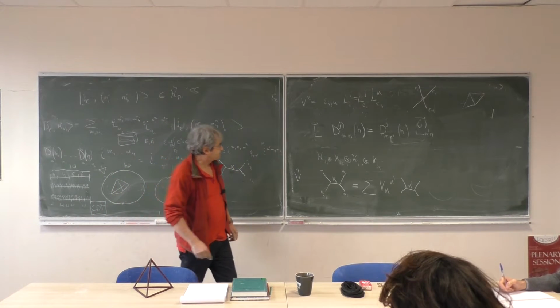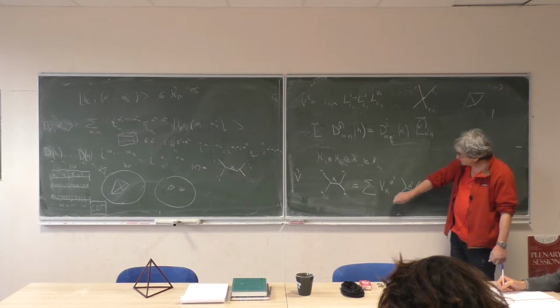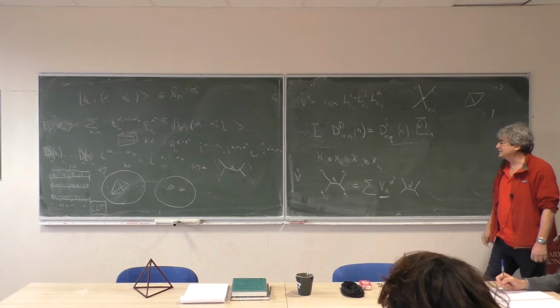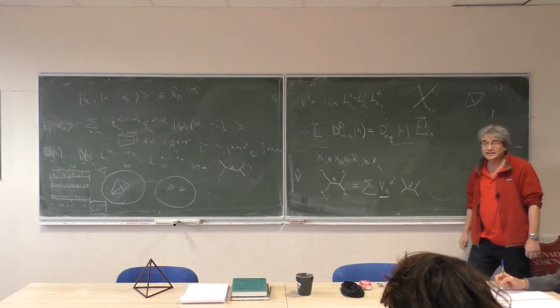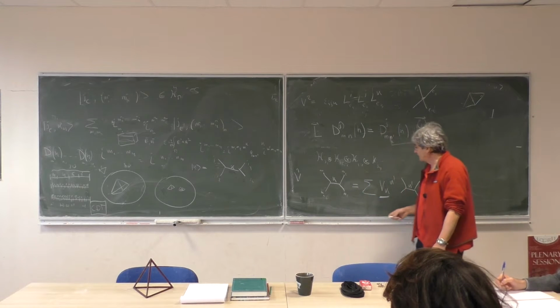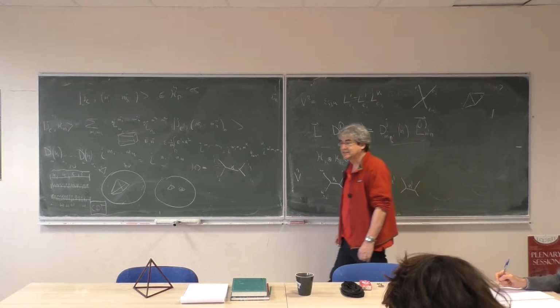Now it's pretty boring, but these matrices can be computed explicitly, and then to diagonalize them means just to diagonalize a matrix, as you do in standard exercises in linear algebra.